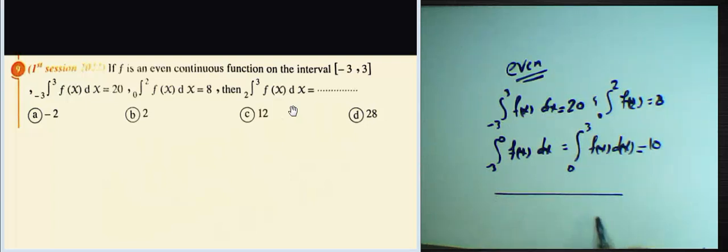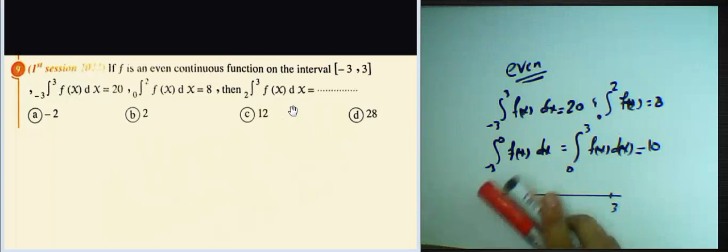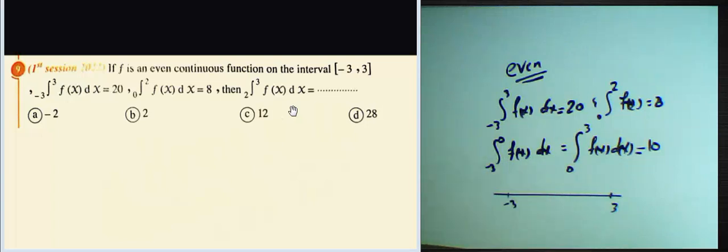If we draw a straight line and write the interval beginning from -3 and ending at 3, and I draw this function from -3 to 0, write 0 here, the integral here equals 10, and from 0 to 3 equals 10.